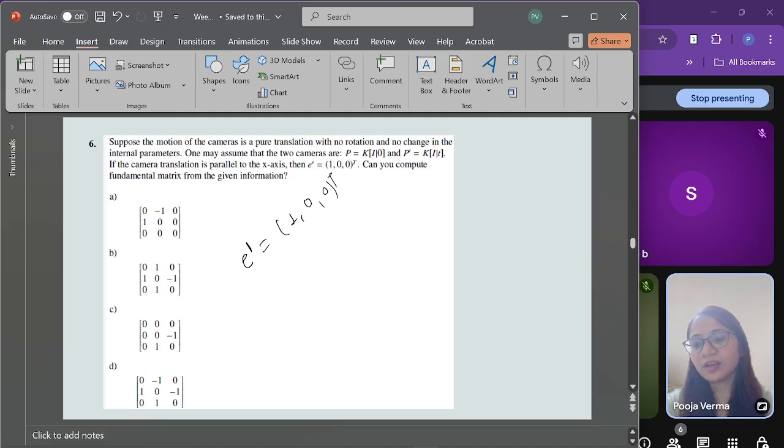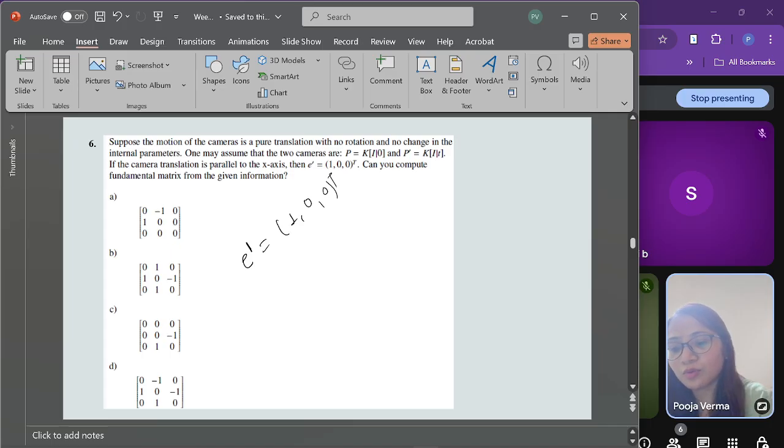So already here we are given the two camera matrices, with translation parallel to the x-axis. The epipole of the second image, E dash, will be 1, 0, 0.